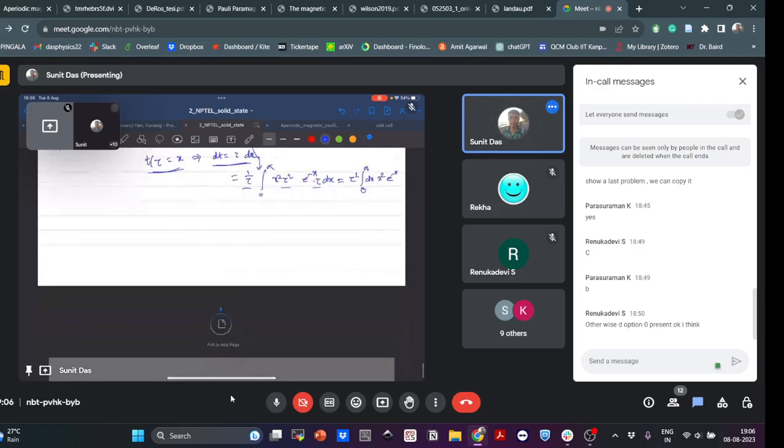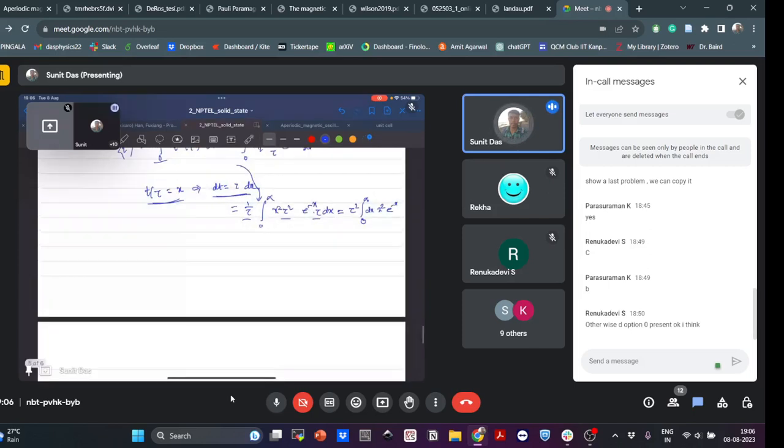Okay, so I'm not solving that integral. This is a very easy integral, and the limits are also very feasible, 0 to infinity. You just solve this integral and find that the solution of it will be 2, so the result is 2 tau square. Okay, so this is our answer.